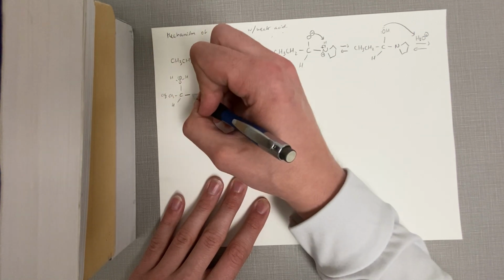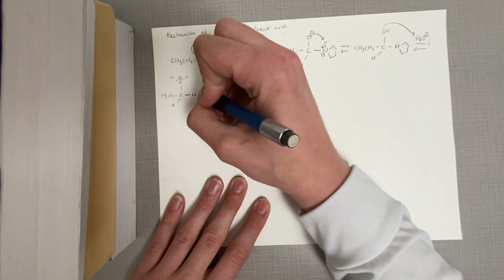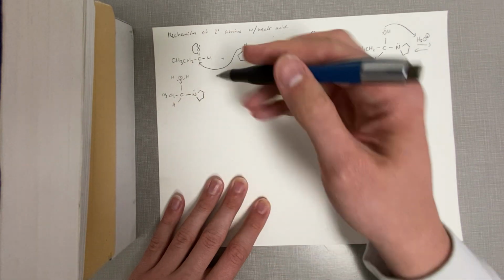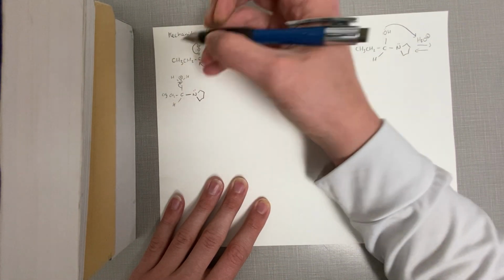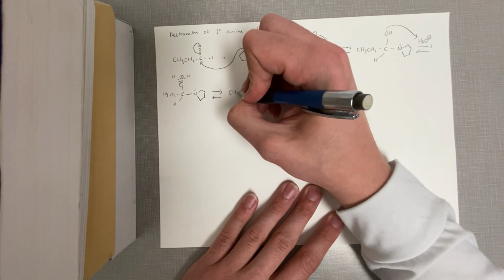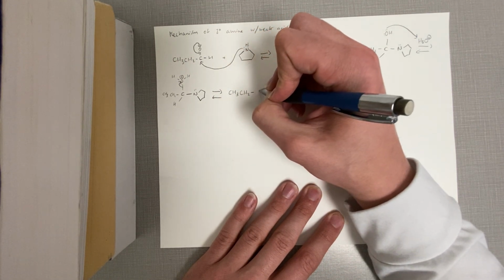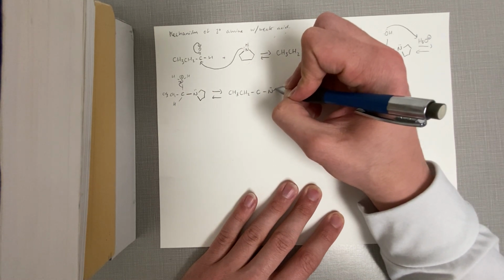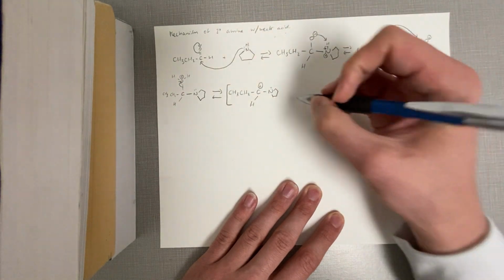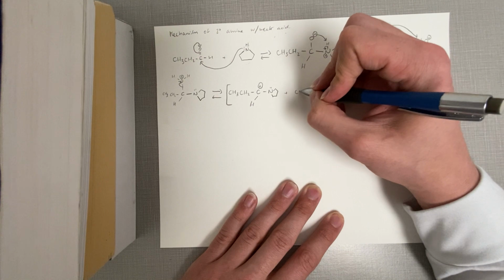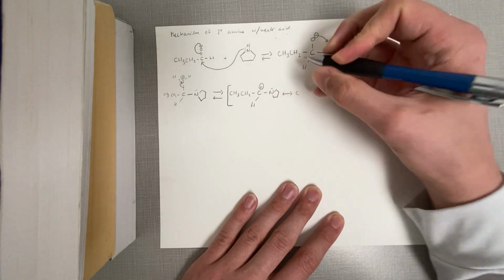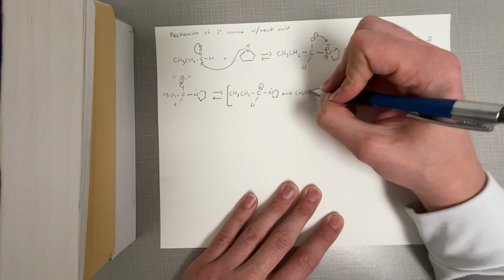I forget the lone pair sometimes. All right, so now this leaving group is ready to leave, giving us this resonance intermediate.